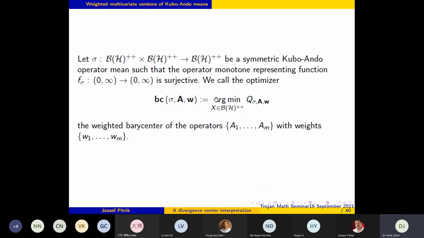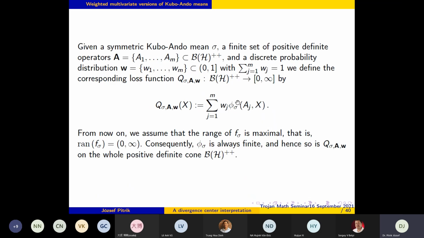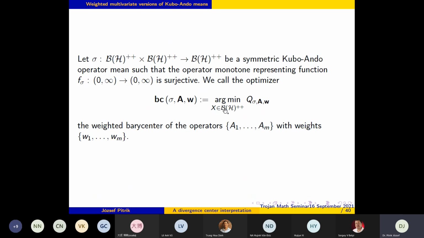We take the argmin of the quantity Q sigma A W, as we have defined before. And this is called the weighted barycenter of operators A1, ..., AM with weights W1, ..., WM.